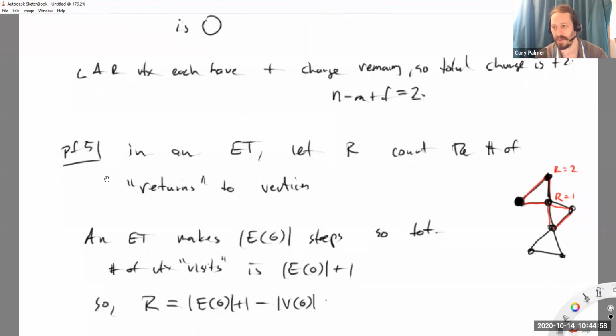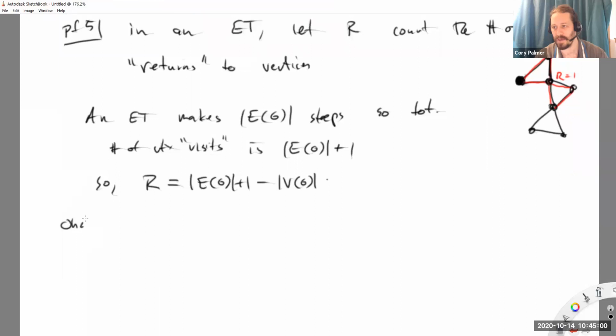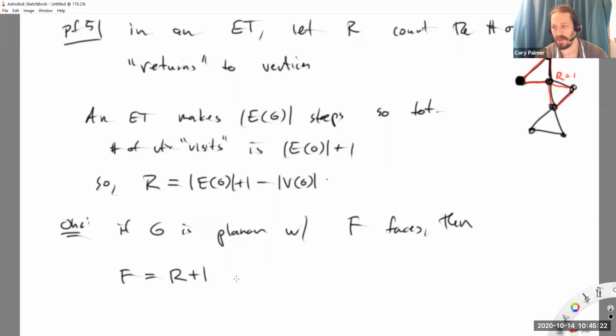Now, make the following observation. If G is planar, so say our graph is planar and it has an Euler tour, and say it's planar with capital F faces, then the number of faces is equal to the number of returns plus 1.